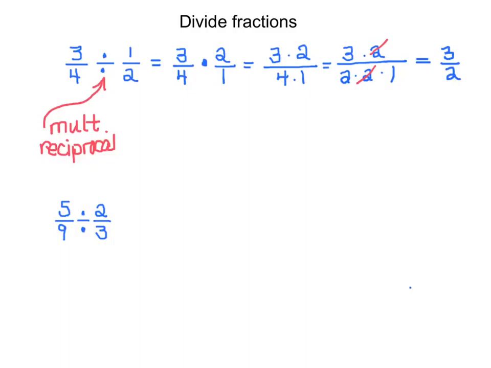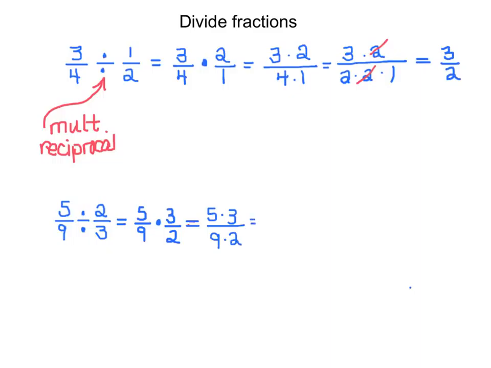Okay, let's try another one. 5/9 divided by 2/3 is the same as 5/9 times the reciprocal of 2/3, which is 3/2. Now you might just see right away that there's a 3 in the numerator and a 9 in the denominator, and of course 9 is 3 times 3. So I end up with 5 times 3 in the numerator and 9 times 2 in the denominator.